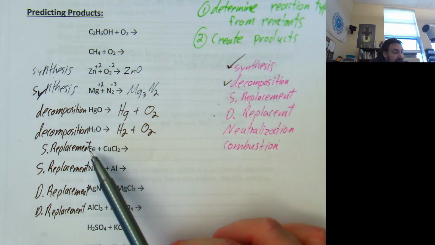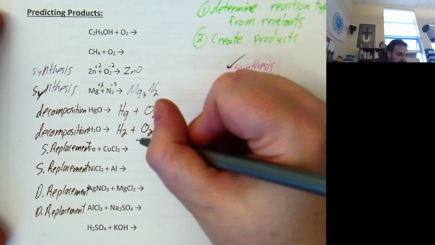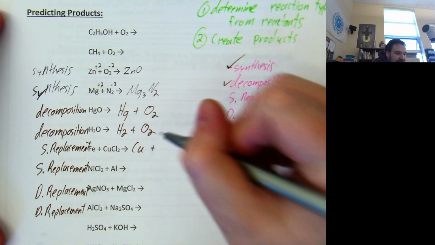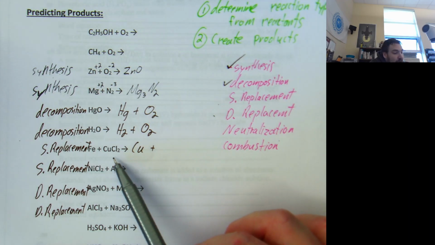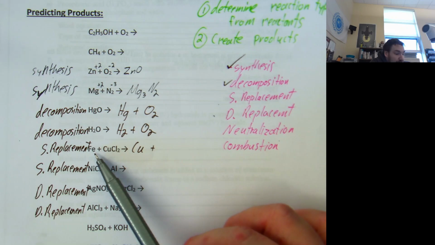So then the iron in this first single replacement here, the iron is going to swap with what? It's going to swap with the Cu. So the Cu is going to come out alone, and now I need to combine the Fe with the Cl. Now, it's not obvious what the charge here is on the iron. Without the names, we have no way of knowing.